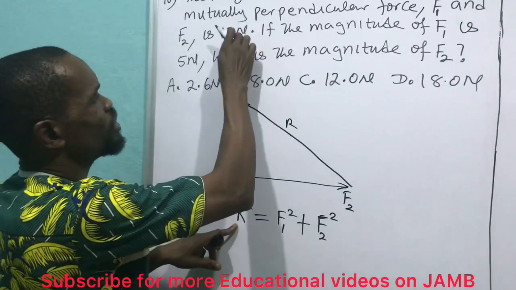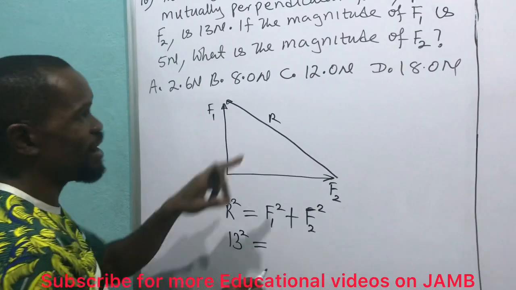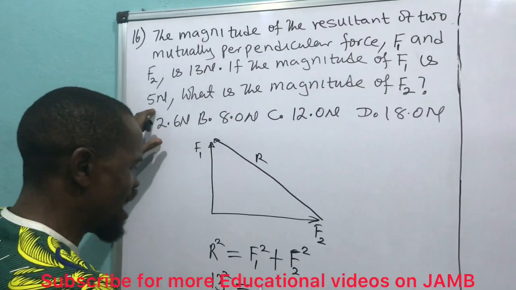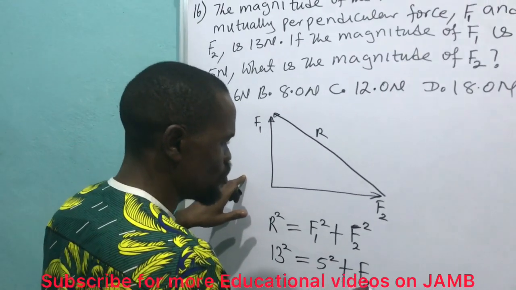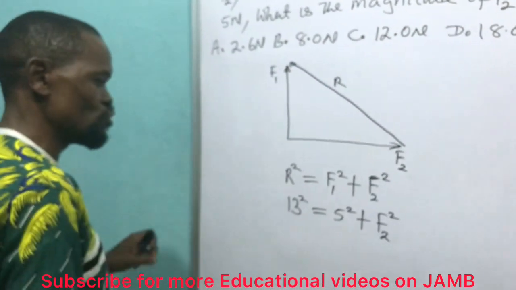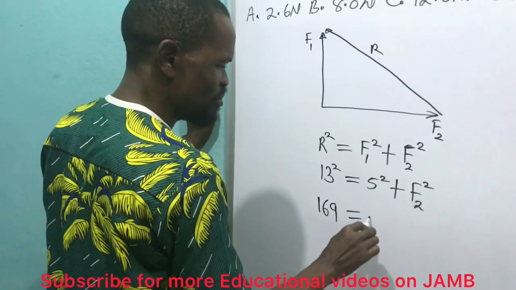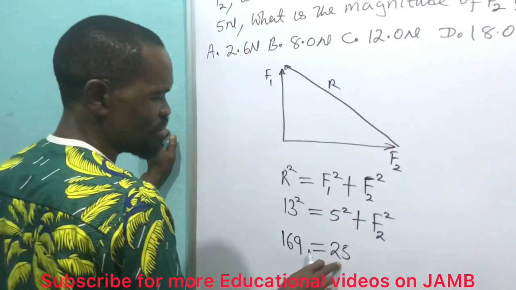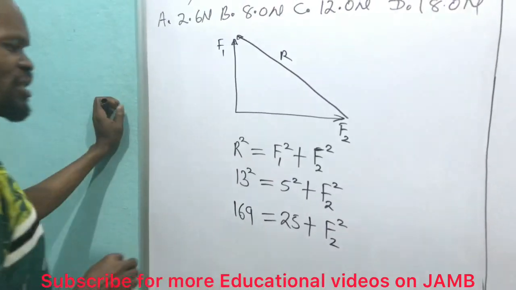My resultant force is 13, so 13 squared is equal to the magnitude of F1, which is 5, squared, plus F2 squared, which I'm looking for. 13 squared gives me 169, 5 squared gives me 25, plus F2 squared.